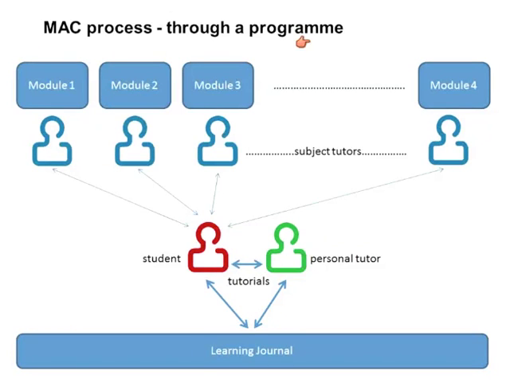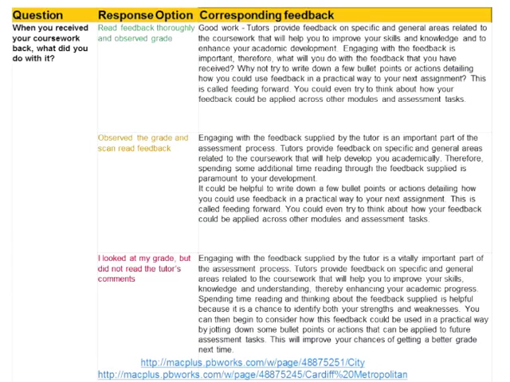So when this framework is used throughout different modules, you get a progression through a program which links the subject tutors, the student, the personal tutor, and the learning journal. As you can see, there are many links with the kinds of things that Rola at Dundee is doing.